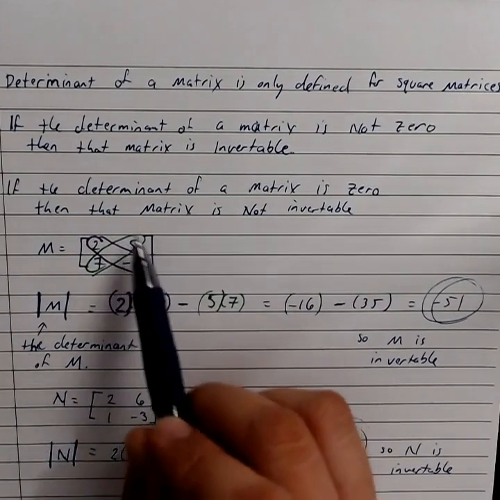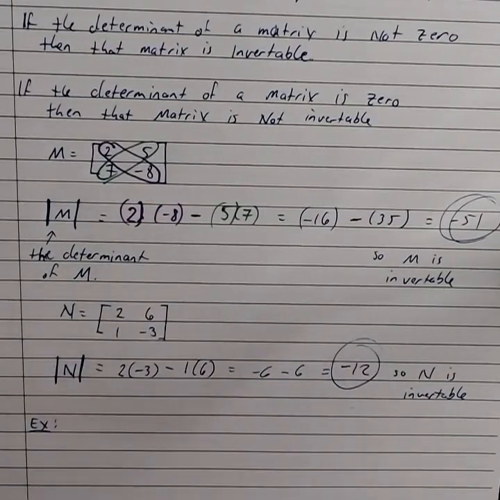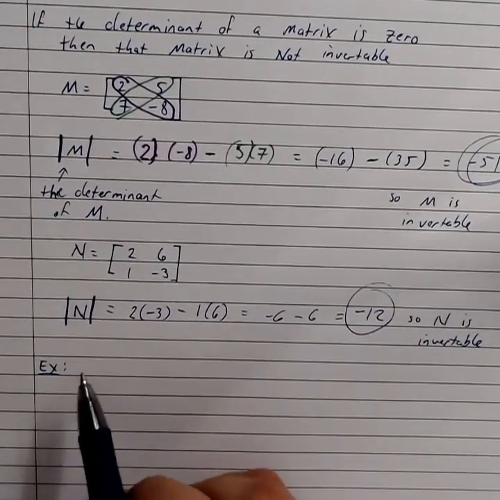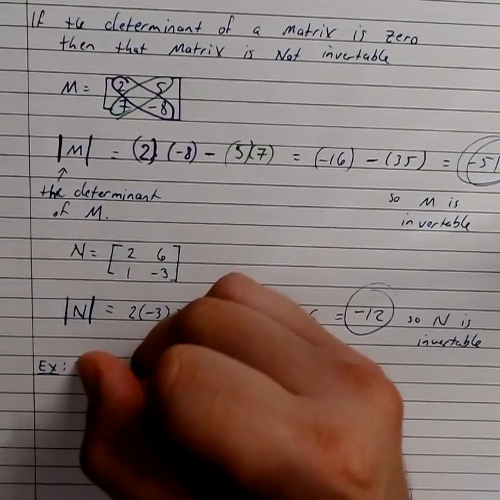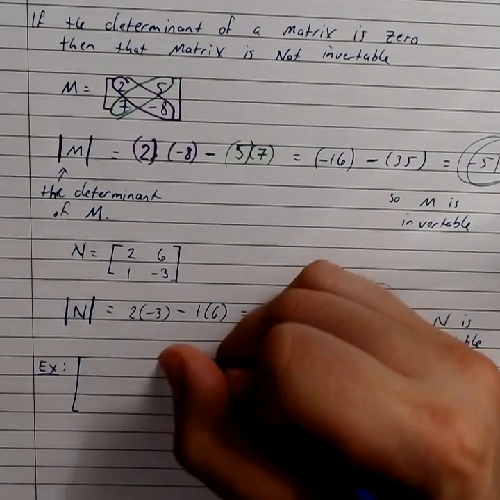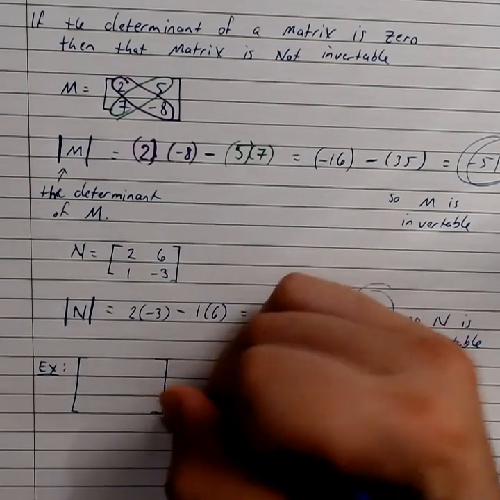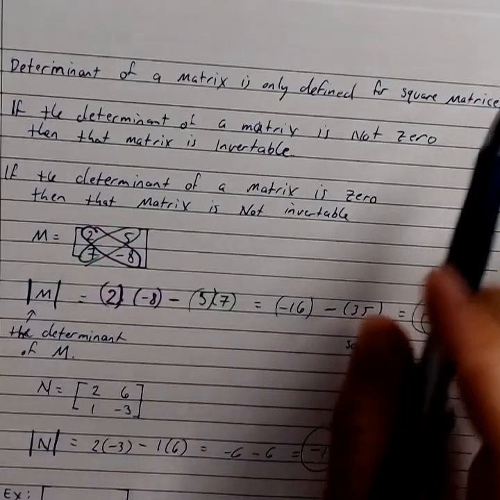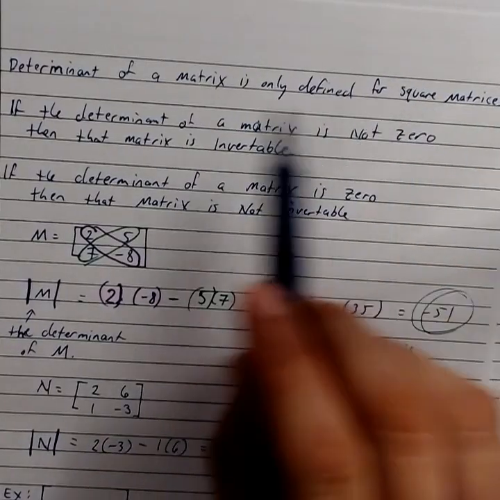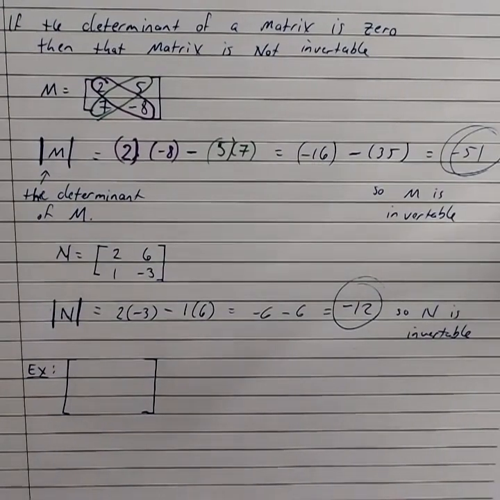So here this has 2 rows and 2 columns. These are called square matrices. Likewise, if we had a bigger matrix, we would have something that was 3 by 3, or 4 by 4, or 5 by 5. If you don't have the same number of rows and columns, then you don't have a square matrix. And if you don't have a square matrix, we can't talk about the determinant. We only talk about determinants of square matrices.